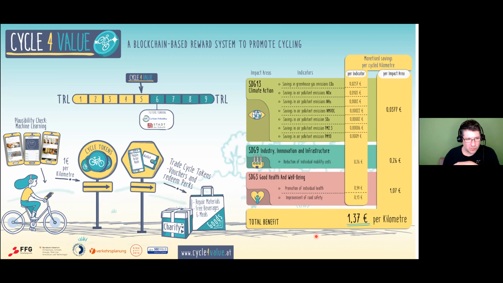And the token economics are a little bit more sophisticated than that simple description. So we created a counter for all kilometers from all cyclists, which is going up. And then we created the cycle token, which can then be converted to the vouchers. Then you can send the vouchers to the shops.